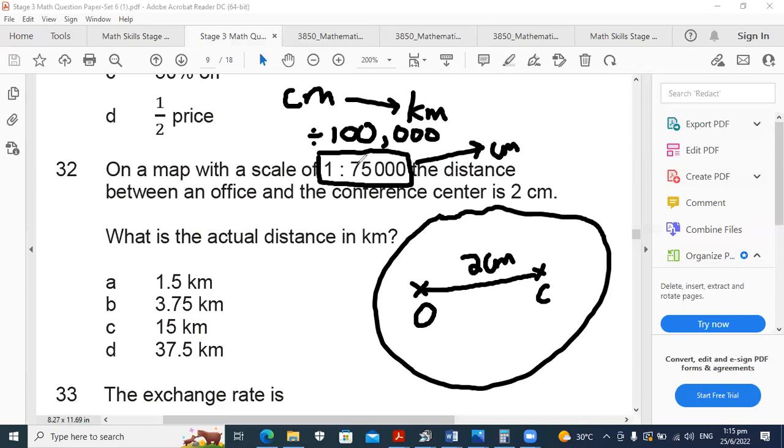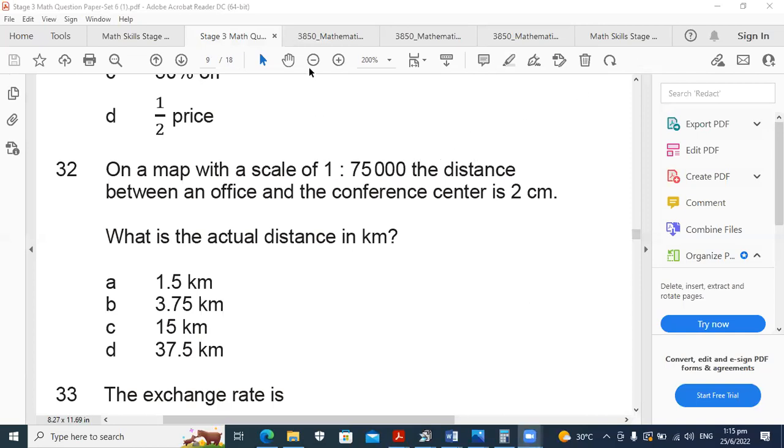What's 2 times 75,000? 150,000 centimeter. So in actual, 2 centimeters is 2 times 75, which is 150,000 centimeter.